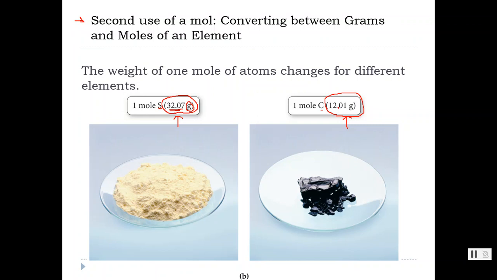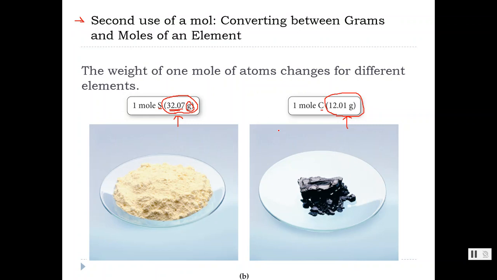The unit is just changed from AMUs to grams when we're talking about moles. And so that's what's great about the periodic table and the way it was designed: you can use the atomic mass for each element in terms of grams to say how much 1 mole of that element weighs.